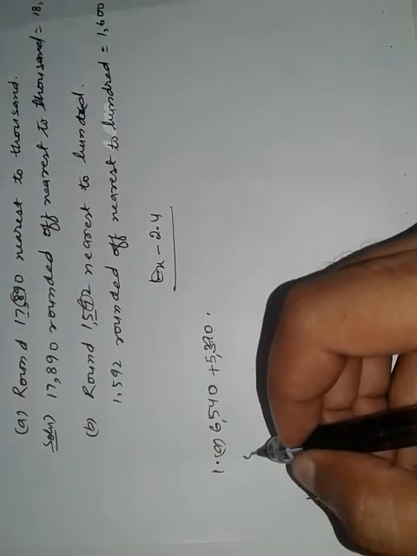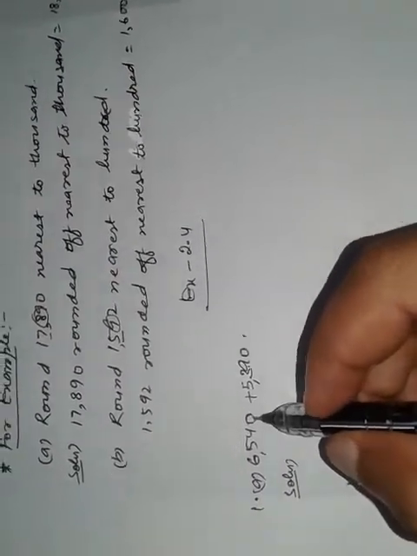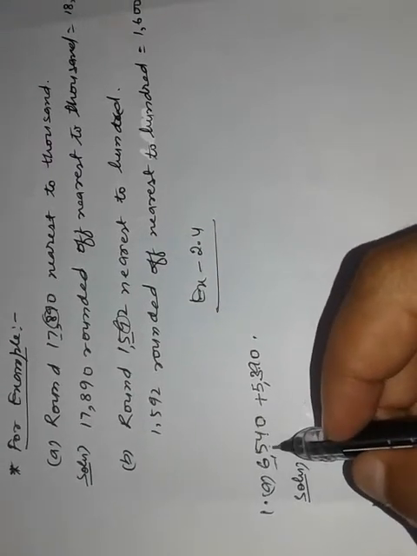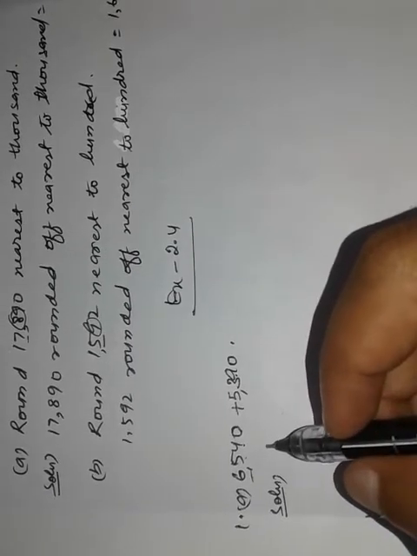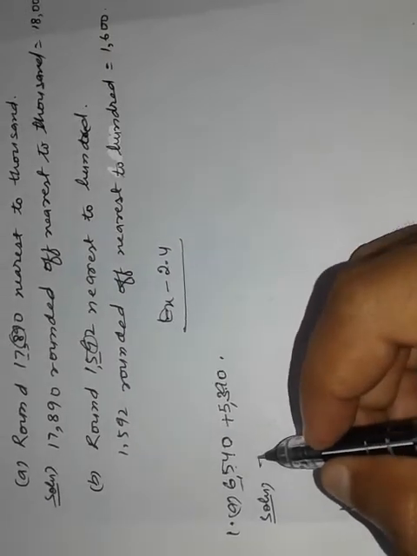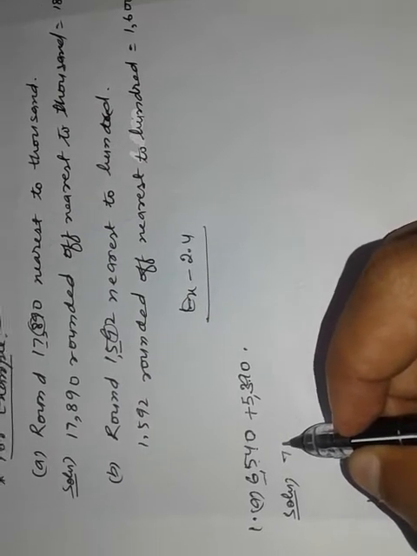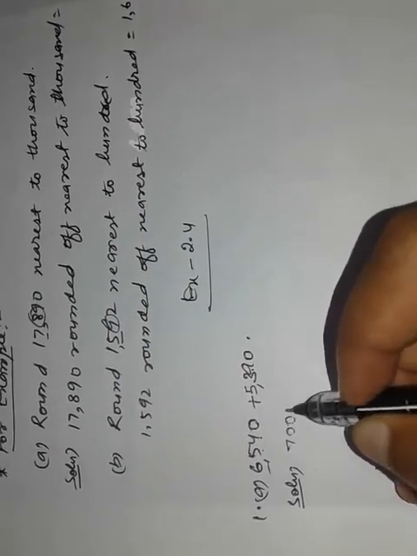Okay, this is the question. Solution: for this, ones, tens, 100, 1000, this is the 1000 place, and the digit after this is 5. 5 is equal to 5. That means we have to add 1 to 6. That becomes 7,000.